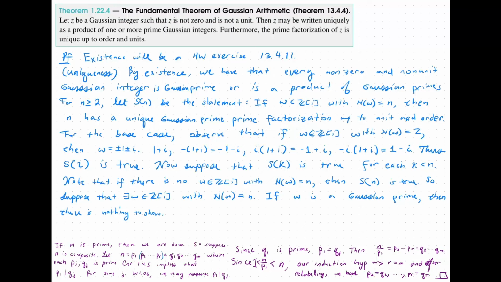And so now let's go ahead and suppose that W is a Gaussian composite integer.